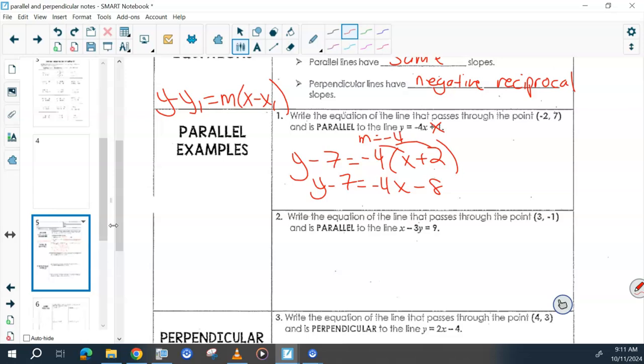When we do that, what would that final equation be? y equals -4x minus 1. If I'm comparing that to the original, these are parallel: they have the same slope and different y-intercepts. Do we have any questions about that?